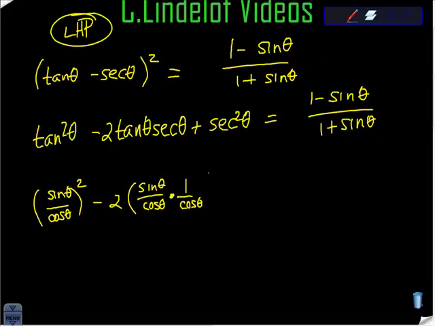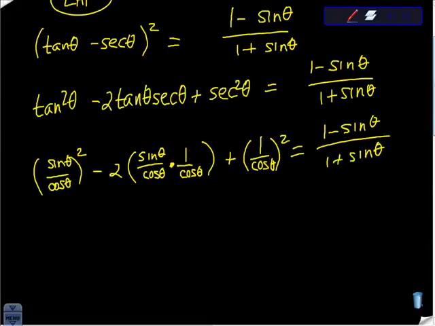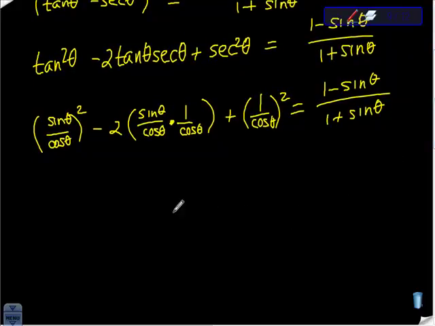This is a multiplication sign. Plus 1 over cosine theta, that quantity squared, is equal to 1 minus sine theta over 1 plus sine theta.